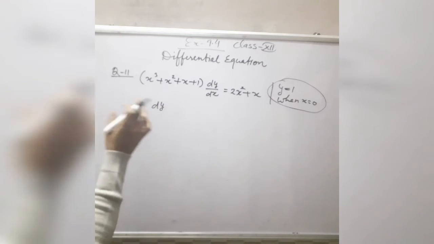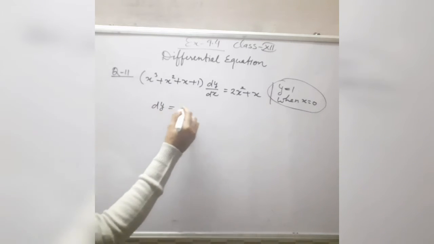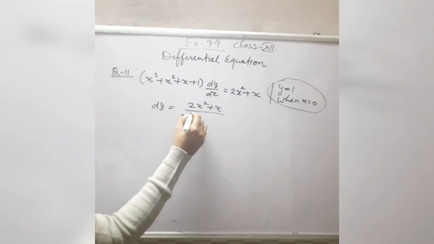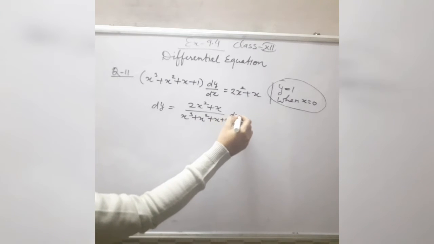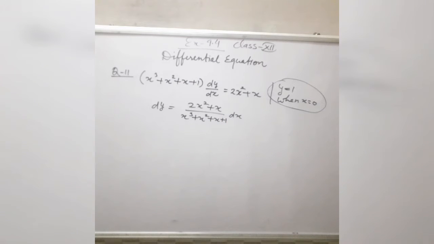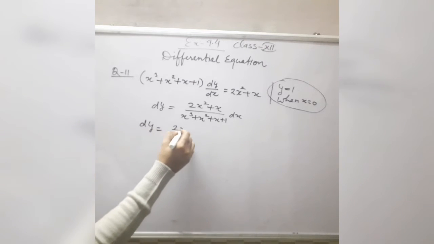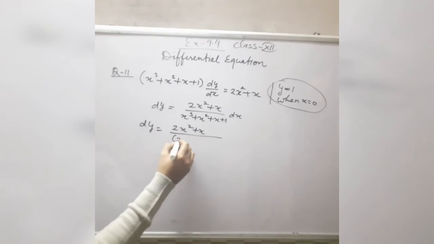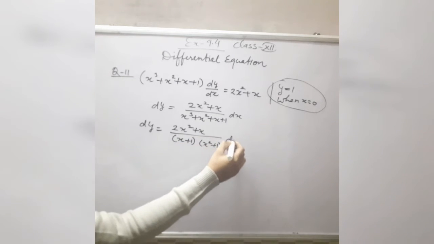Separate the terms containing y with dy on one side and terms containing x with dx on the other side. So after separating the variables you will get this result. Now factorize this cubic polynomial. After factorization it can be written as (x plus 1) into (x square plus 1).